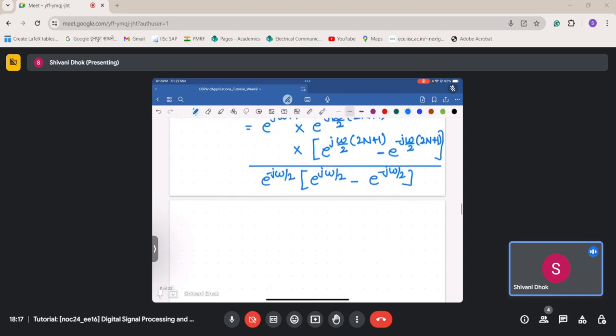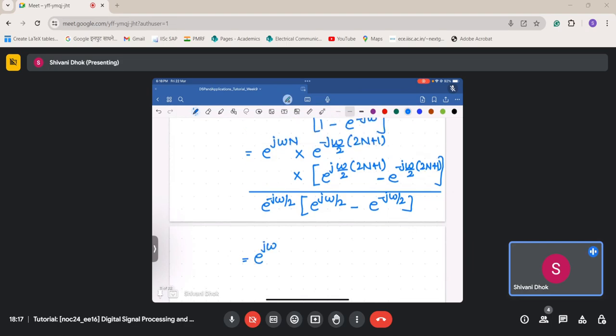So what I can do is write this as e power j omega and take common all these terms which are here. I have taken out omega common, so we are left with N here.